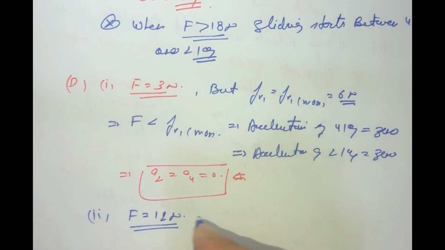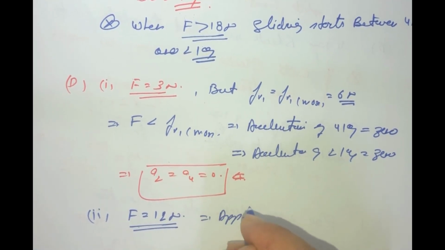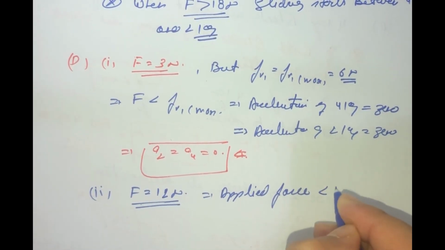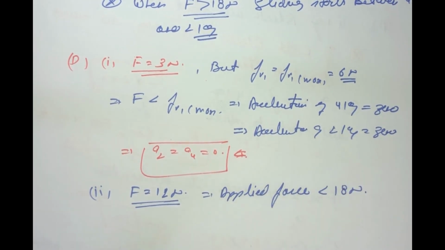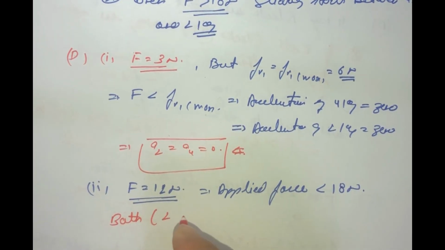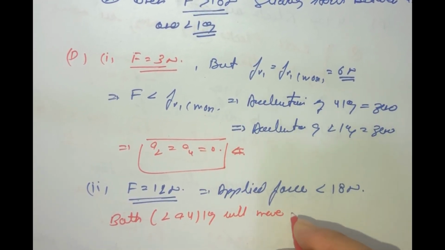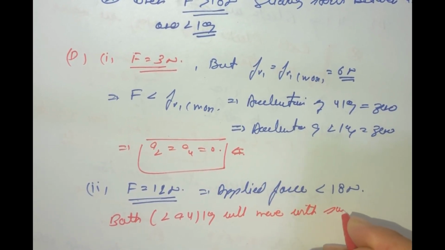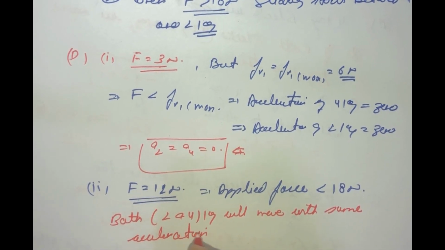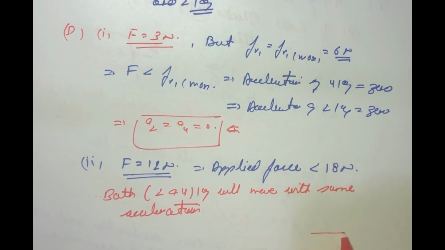Applied force is less than the 18 Newton. So under this condition, both blocks will move with the same acceleration. Both 2 and 4 kg will move with the same acceleration, this is about 2 plus 4 kg.